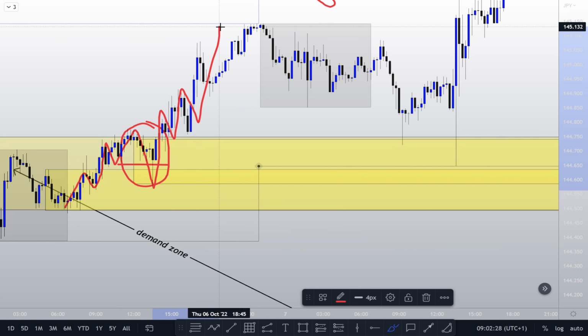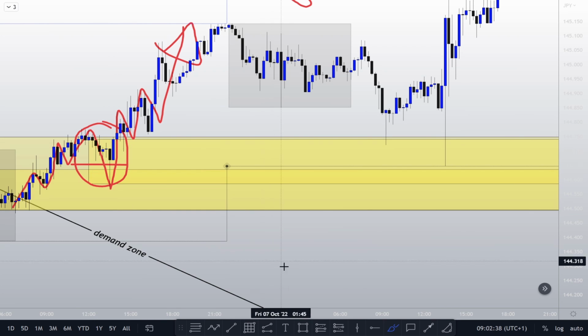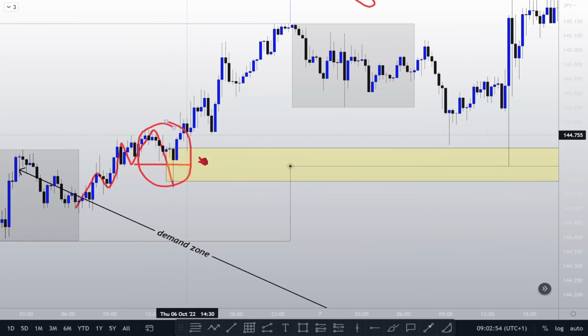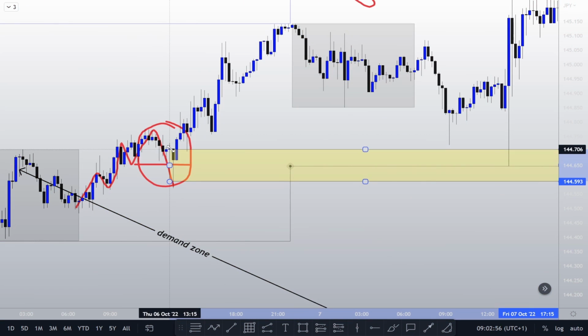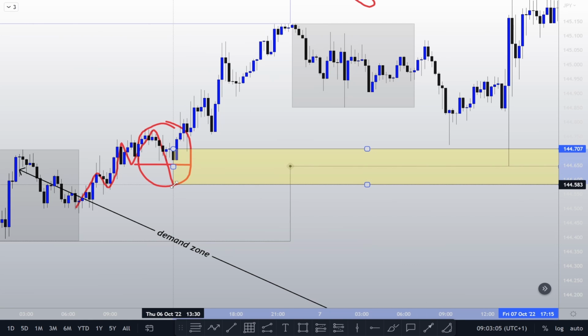So that has showed me that this candle right here, the last candle which grabbed the liquidity, is the order block right here. This candle right here is the liquidity grab. Pardon, this candle right here is the order block.